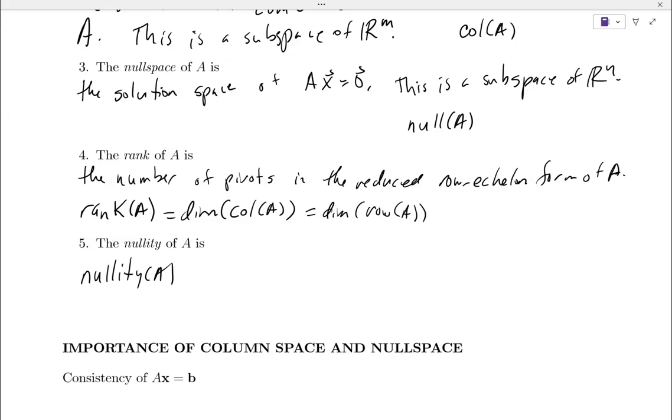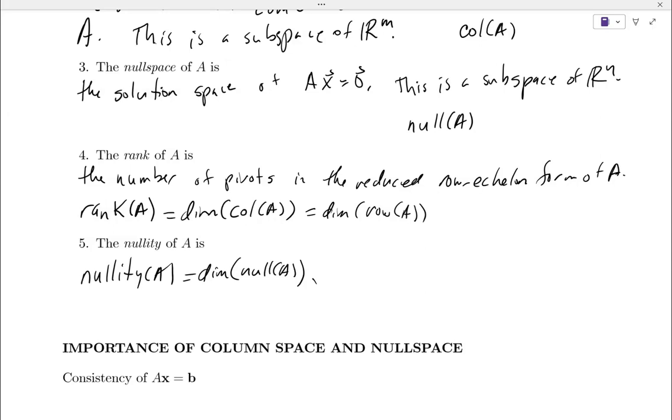It's literally nullity of A. This is going to be the dimension of the null space of A. And that is the definition. The nullity is the dimension of the null space. So far, so good? Okay.